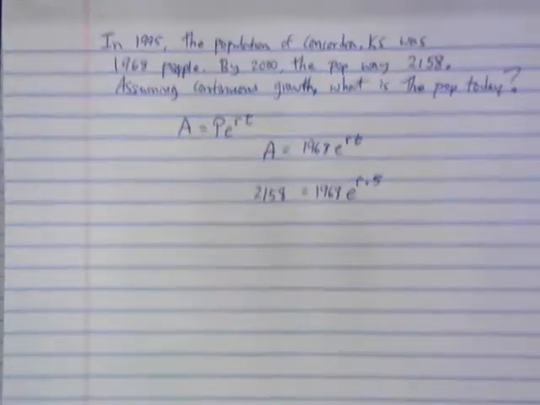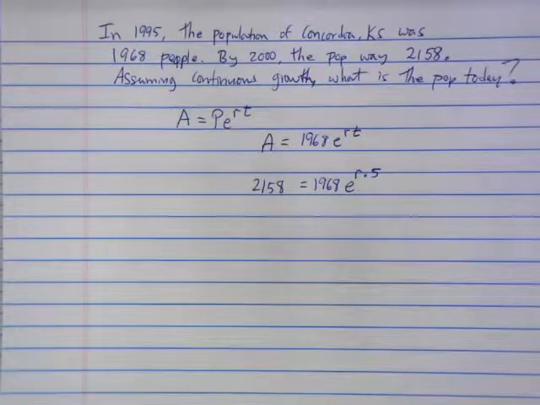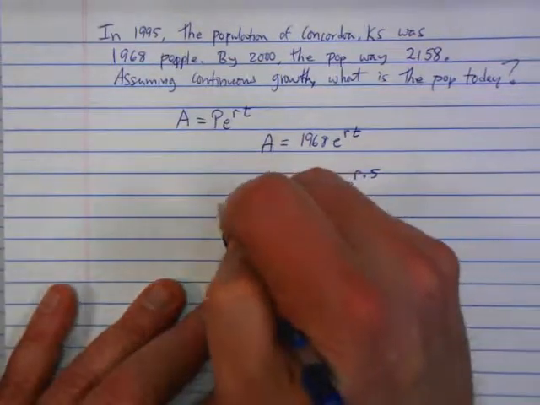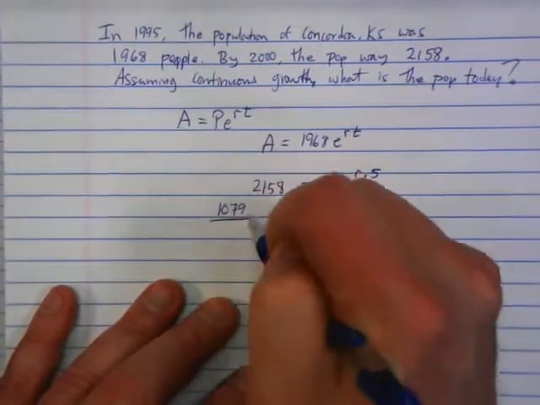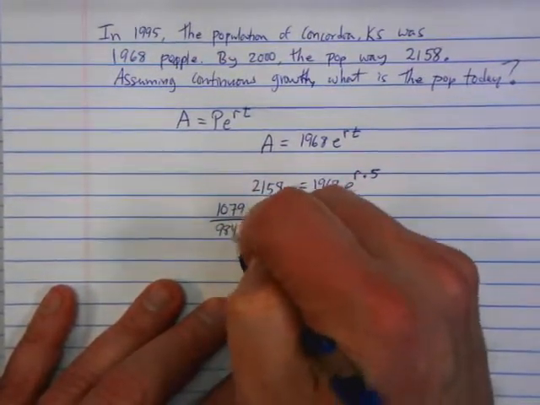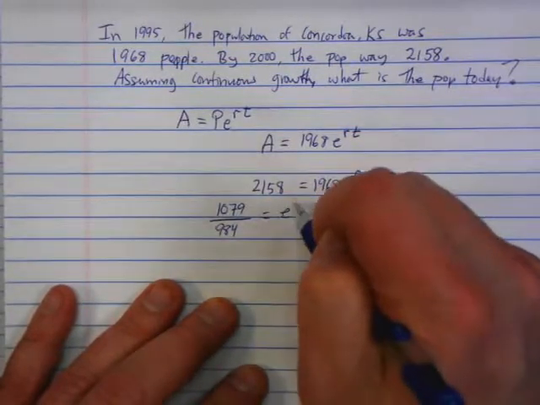How do you solve that equation? Divided by 1968. So we have 2158 divided by 1968. I'm going to write that as 1079 divided by 984 equals e to the 5r.